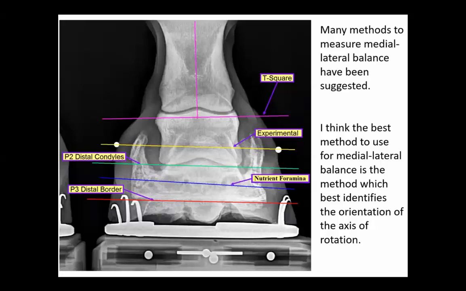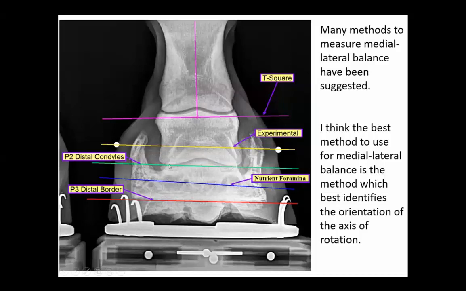In fact, you can think of many ways of trying to assign a line that helps you with medial lateral balance. The purple line is like a T-square behind the horse. The red line is what a lot of people do. They draw something across the bottom of the bone. The blue line here is going through these 2 little openings in the bone called the nutrient foramina, and that has been suggested as a way to set a line through a bone and use that for medial lateral balance.